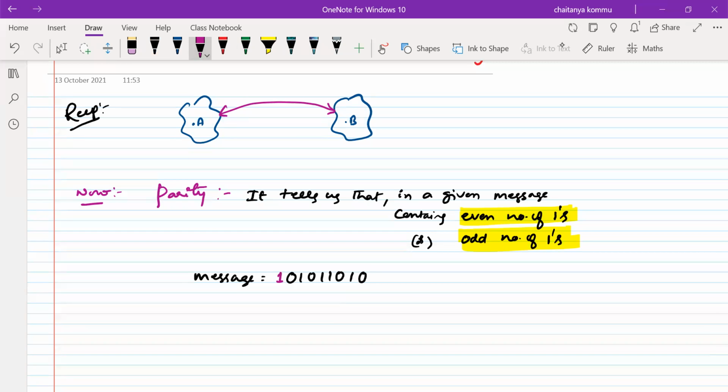In addition to the given data, we are going to add an extra bit. This extra bit is called the parity bit.